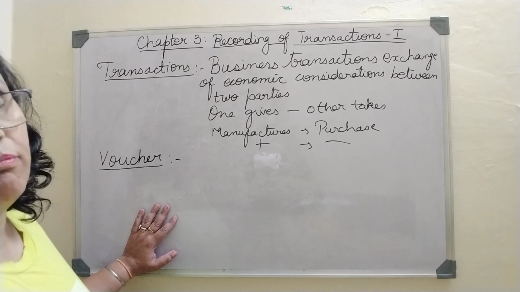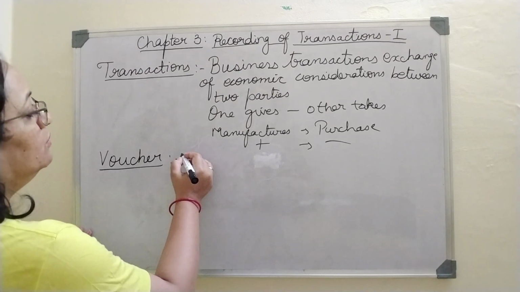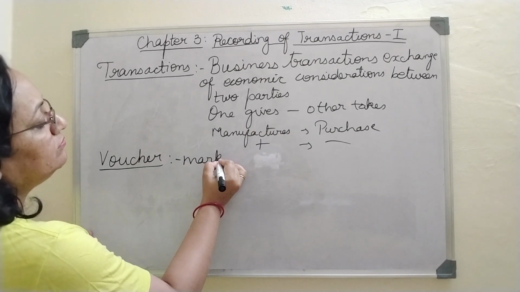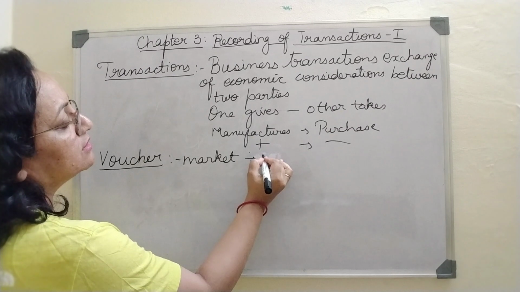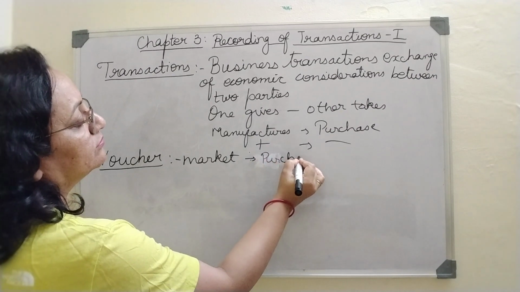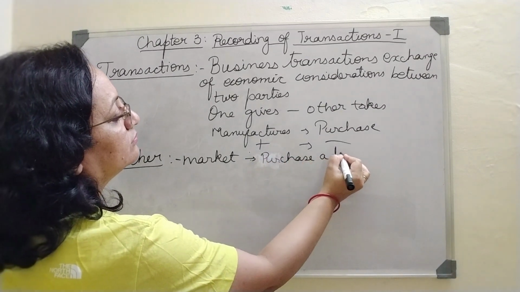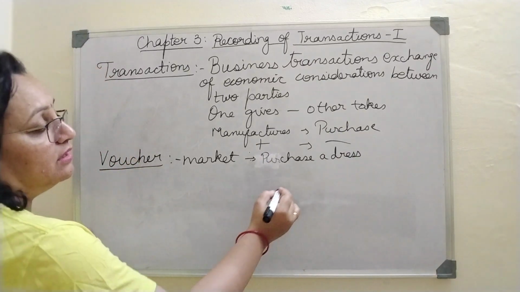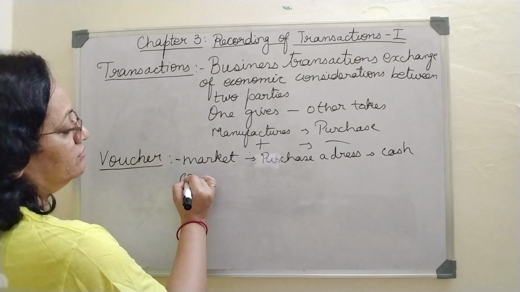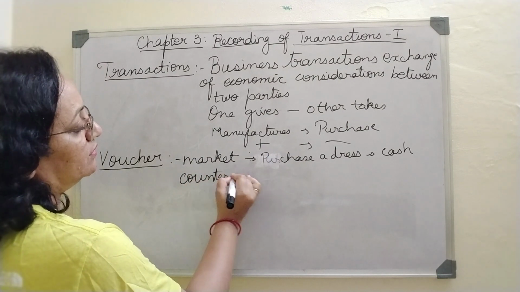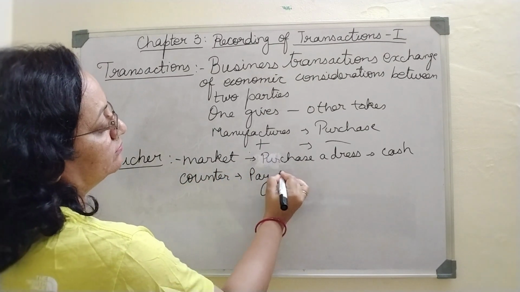Voucher is, in simple words, when I say you go to market, purchase a dress for yourself, right? You go to the cash counter of that particular shop, pay the money.